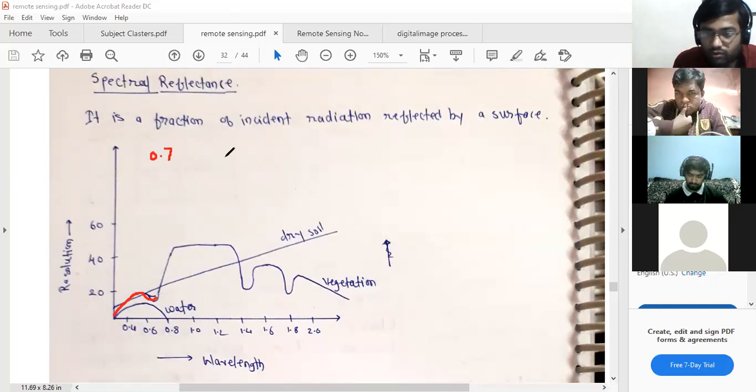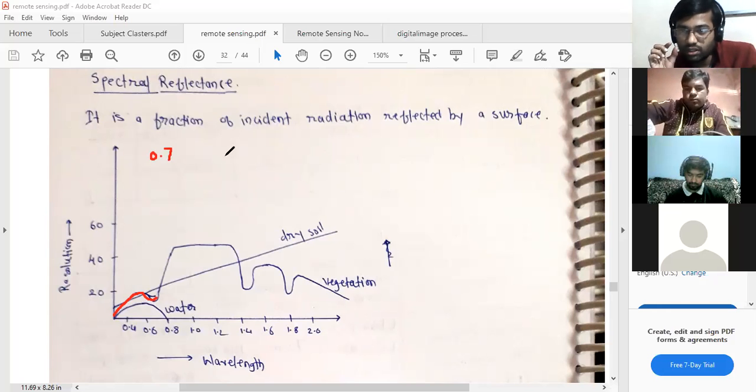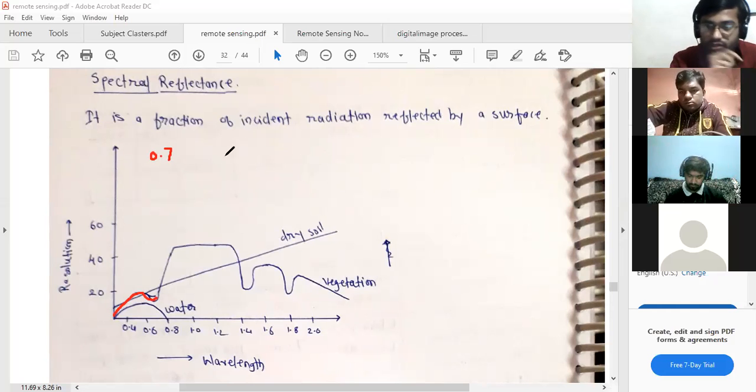What is an atmospheric window? Region of least absorption. If least absorption is there, you will see a valley in your graph. Then again at 1.4 you will see a valley, and at 1.8 or 1.7 approximately you will see a valley like this. For water you will see 0 to 0.8 like this.